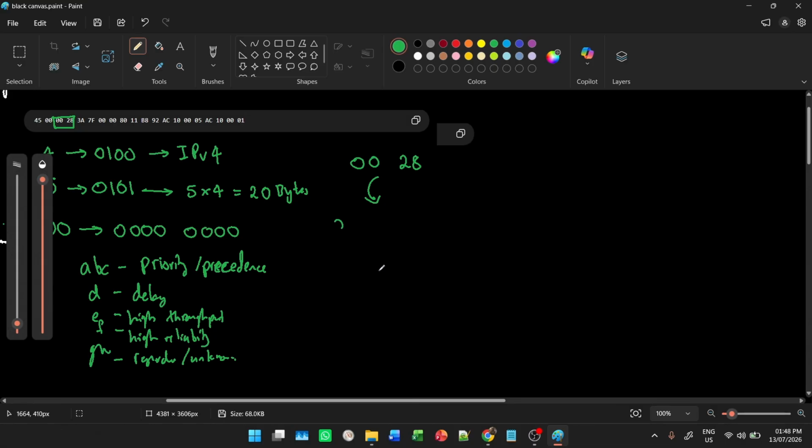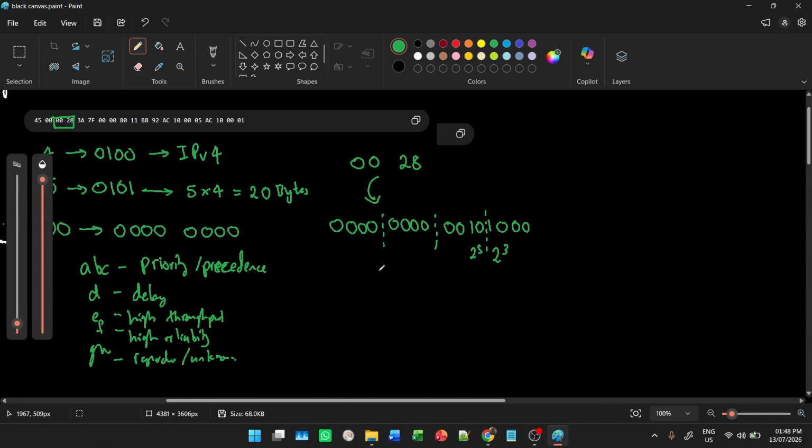So there are two ways to do this. One, you can write it in its binary format. 2 is 0010 and 8 is 1000. So as you can see, none of these values matter. So here we're going to get 2 to the power 3 and 2 to the power 5.